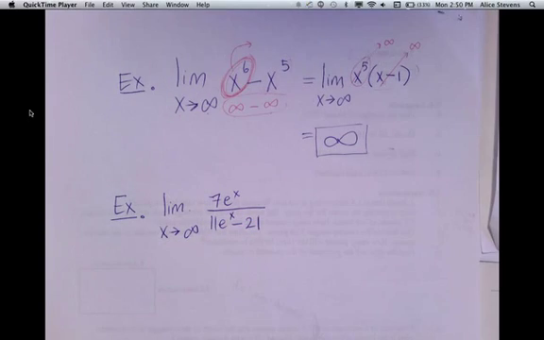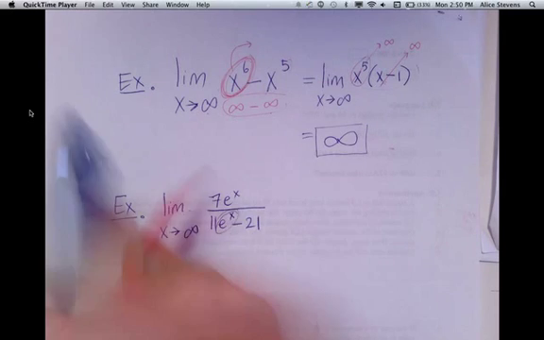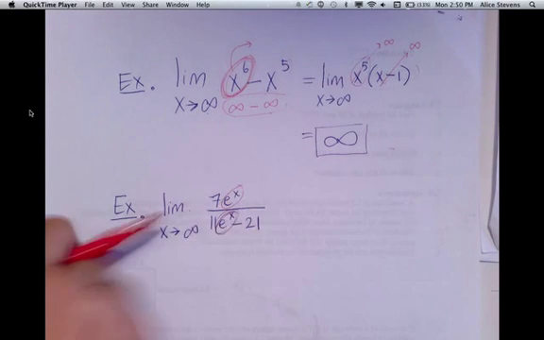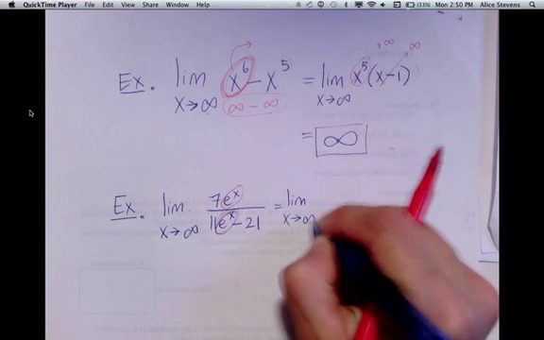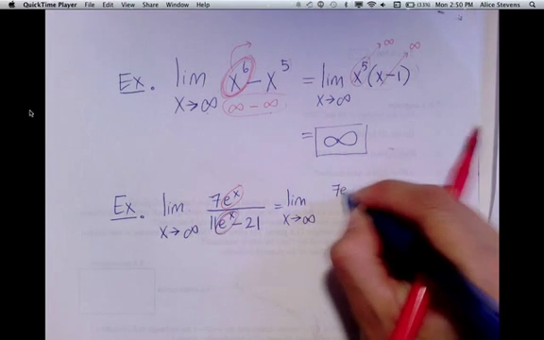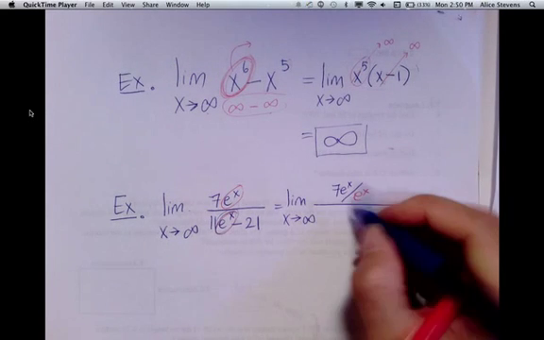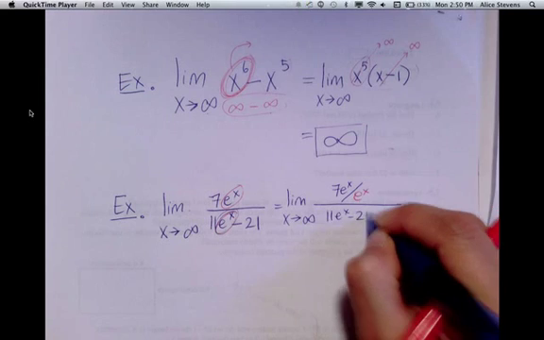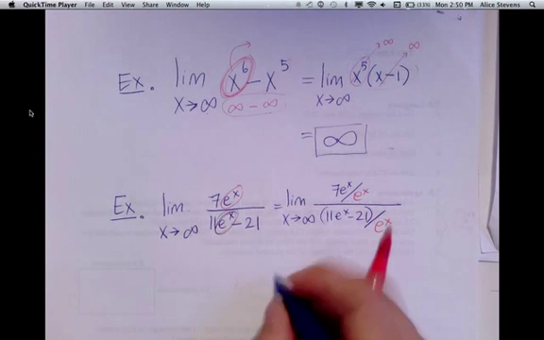Here's another example. This is really similar to the examples we did with irrational functions. Here, what I'm going to do is divide through by e to the x. Okay, so I have 7e to the x divided by e to the x in the numerator. And I have 11e to the x minus 21 divided by e to the x in the denominator.